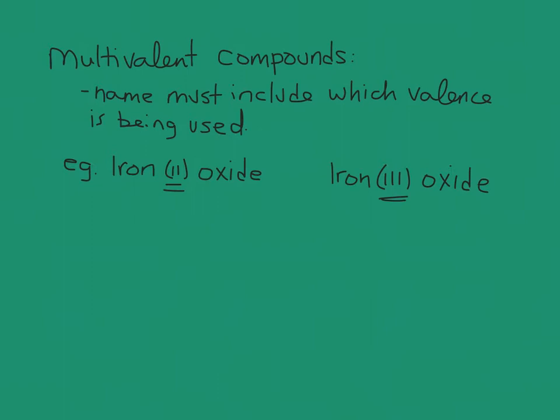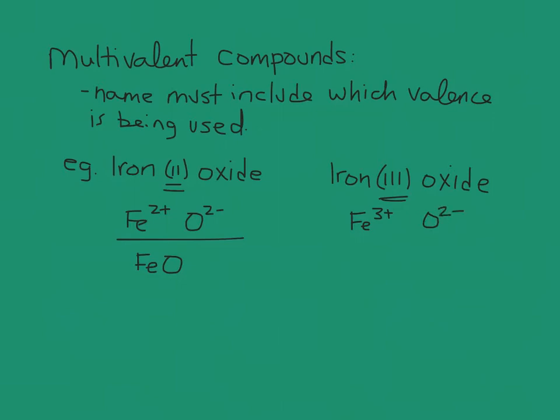So if we were asked to write the chemical formula for this, that would be Fe, we know it has a 2+ charge. Oxide has a 2- charge. So those equal, remember, when we're doing ionic compounds. So iron(II) oxide will just be FeO. Whereas iron(III) oxide, that iron has a 3+ charge. Oxide is the 2-.